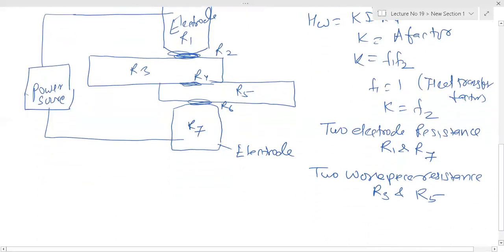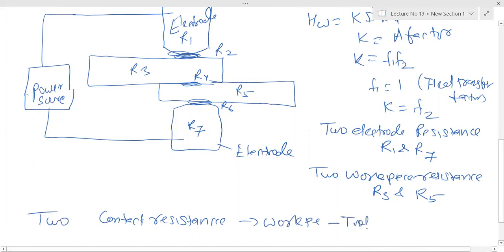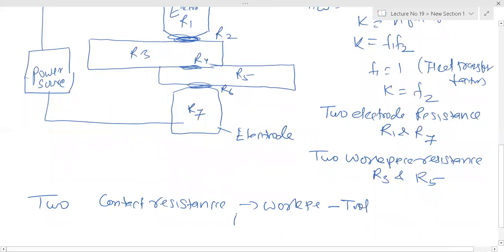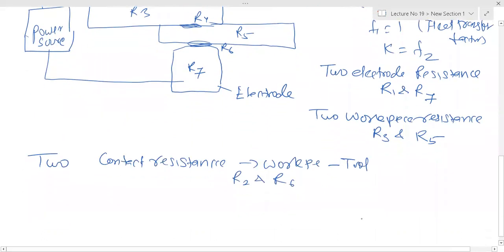Then you have surface contact resistances. You have 2 contact resistances between workpiece and tool, that is R2 and R6, and one between workpiece and workpiece.